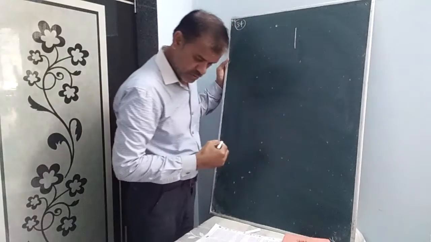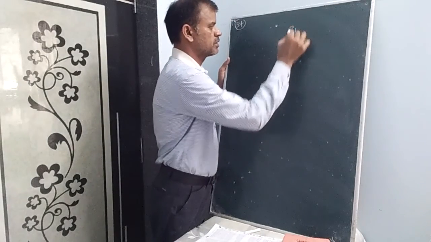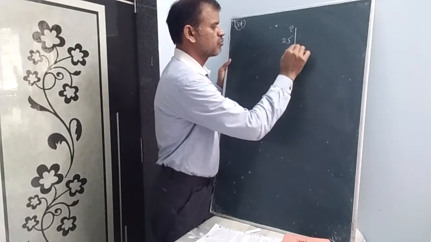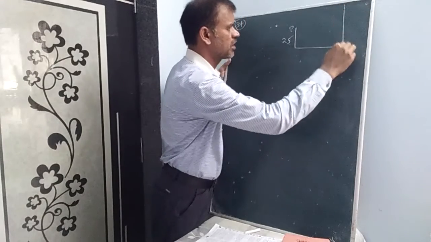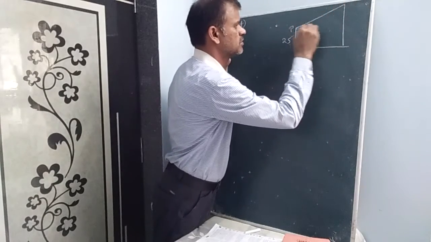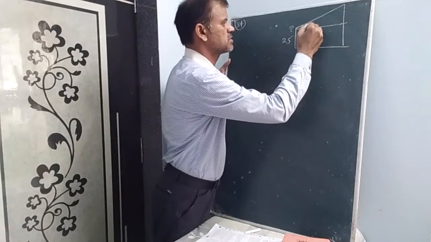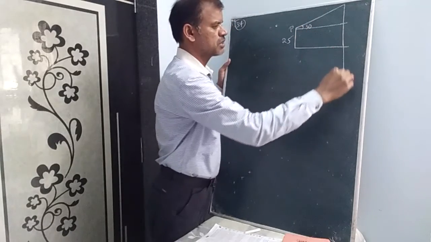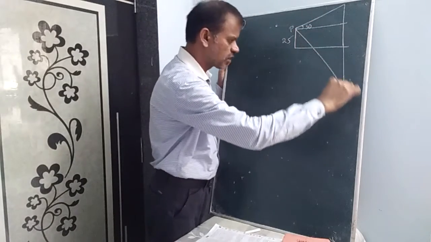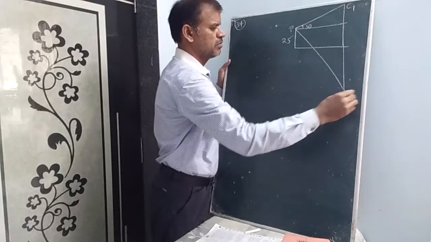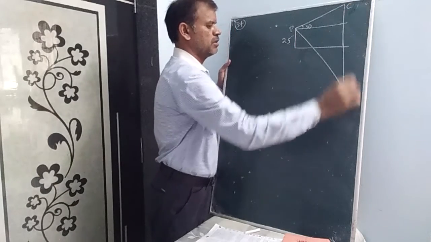This is a point P here. This is 25 meters. From 25 meters the cloud makes an angle of 30 degrees. This is 30 degrees. And the image of the cloud, this is the cloud, this is the cloud image.